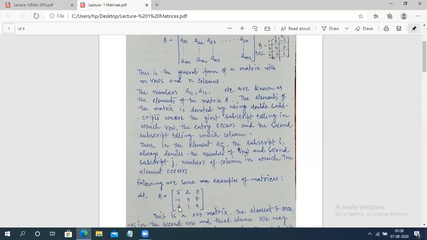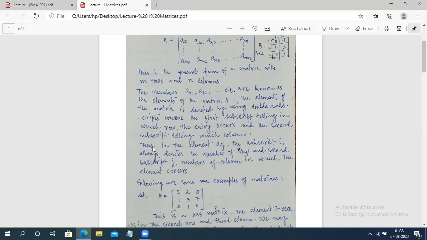A31: here 3 means third row, and 1 means first column. Third row, first column, that is 6, and so on. So the elements of a matrix are denoted using a double subscript, where the first subscript tells in which row the entry occurs, and the second subscript tells in which column that element is situated.